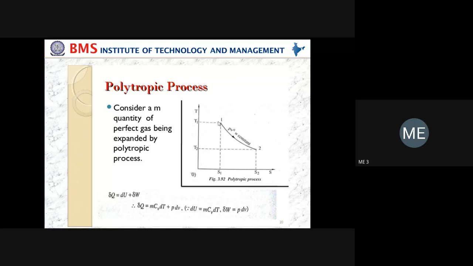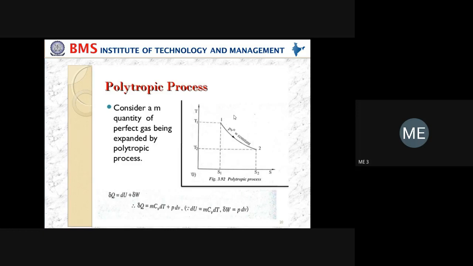The nature of the curve is the same as that of the PV diagram. Only in the case of the polytropic process, the nature of the curve for PV and TS remains the same. You should remember, keep in mind. Whatever nature we got in the PV case, the same thing we are getting in the TS diagram also. This is the nature of the curve for the TS diagram.